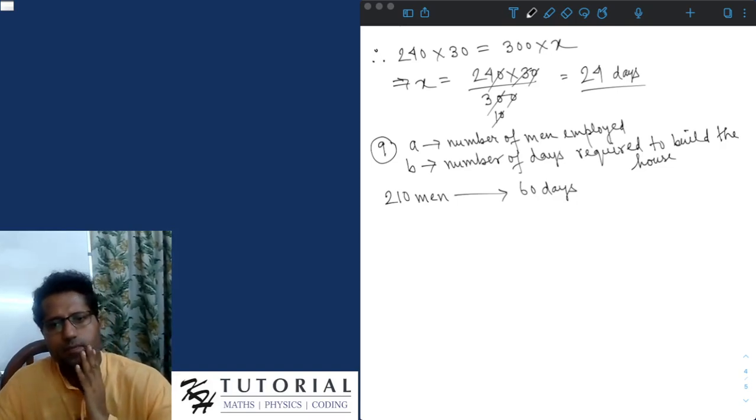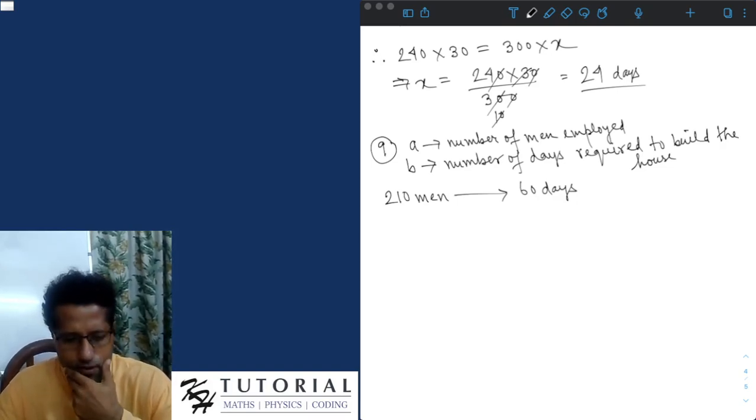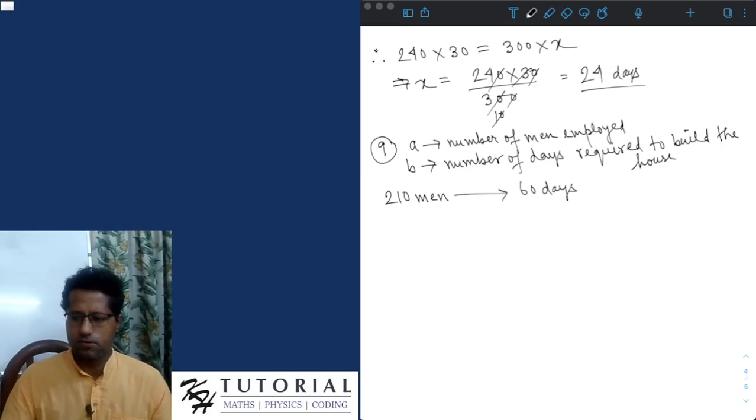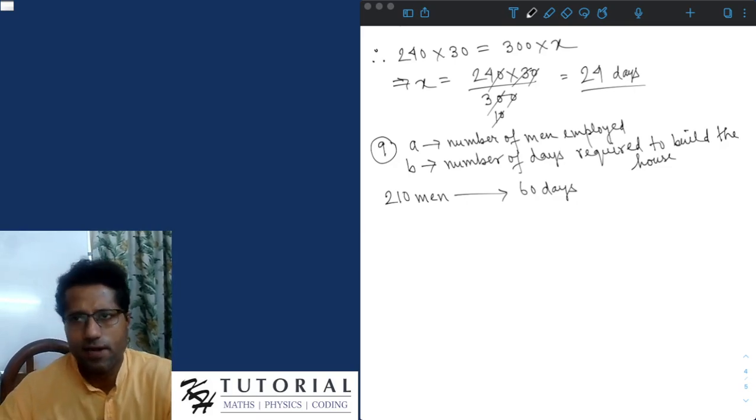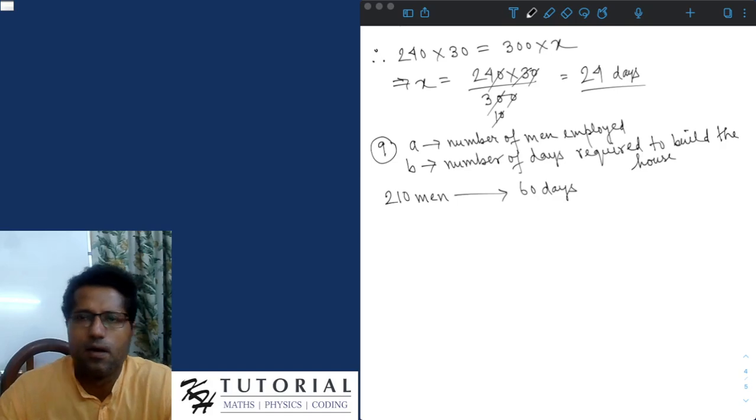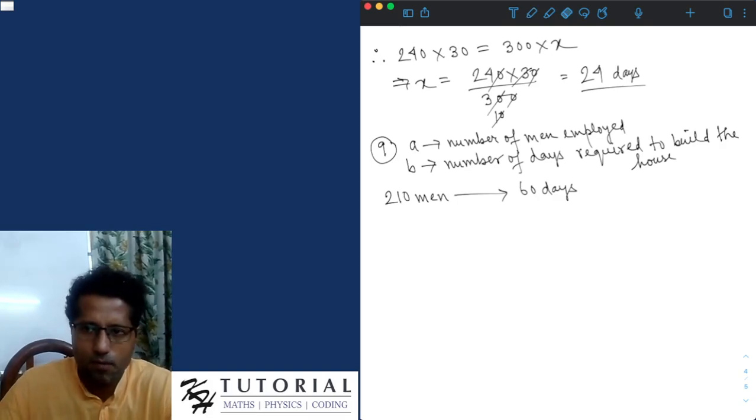After 12 days, the 210 men have done some work and they are supposed to do the complete work, that is to build the house in 60 days. So definitely in the remaining 48 days, these 210 men are supposed to complete the remaining work. So 210 men now, this is all about the remaining work, not the complete job of building the house.